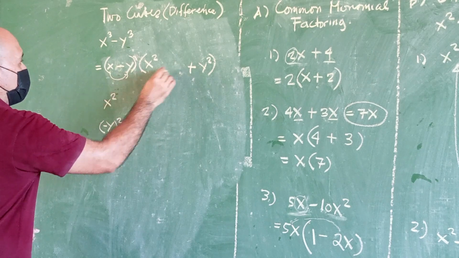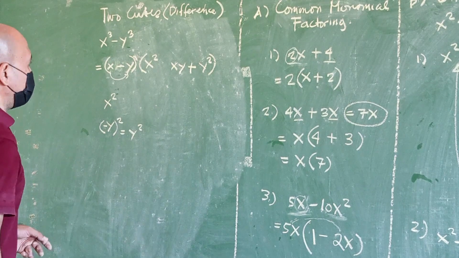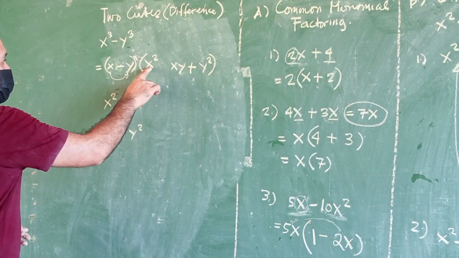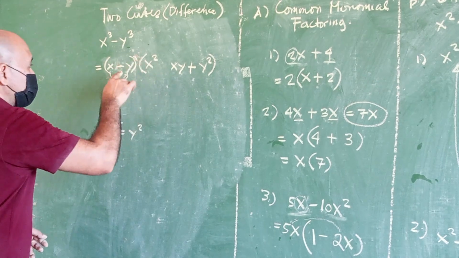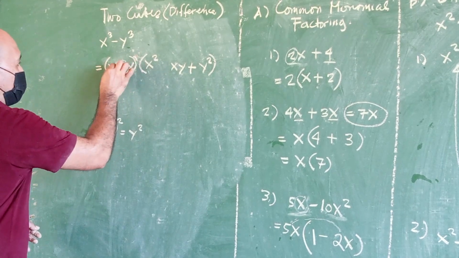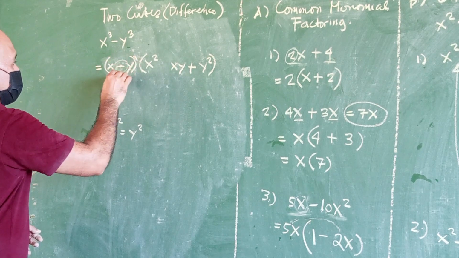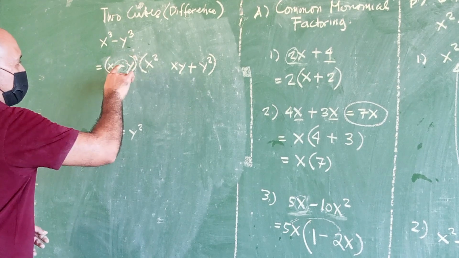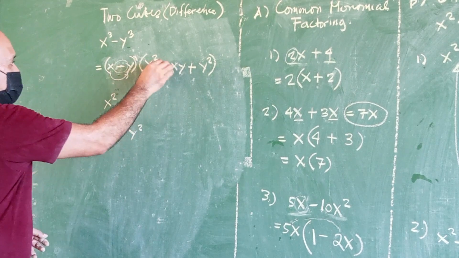So x times y, obviously, that is xy. And for the operation between the first term and the second term, you just have to get the opposite of this operation or sign. So since it is minus, the opposite of this one is plus.